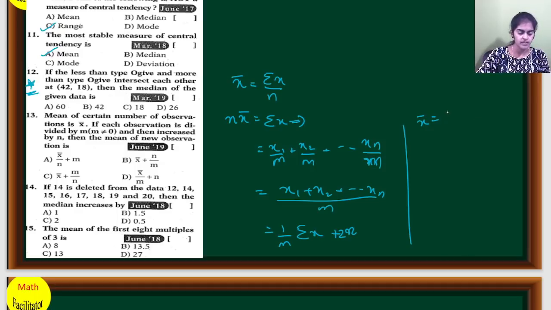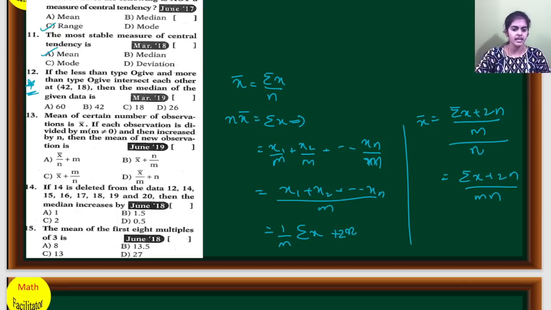So the new mean I am taking as sigma x plus n squared divided by m, whole divided by the number of observations, which is the same. So this I can write as sigma x plus n squared divided by mn. Now divide it. So sigma x by mn plus n by m you will have.